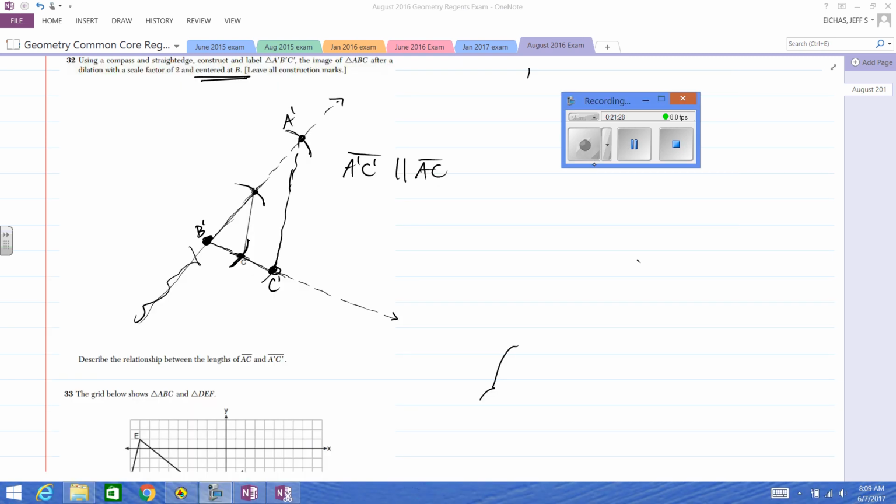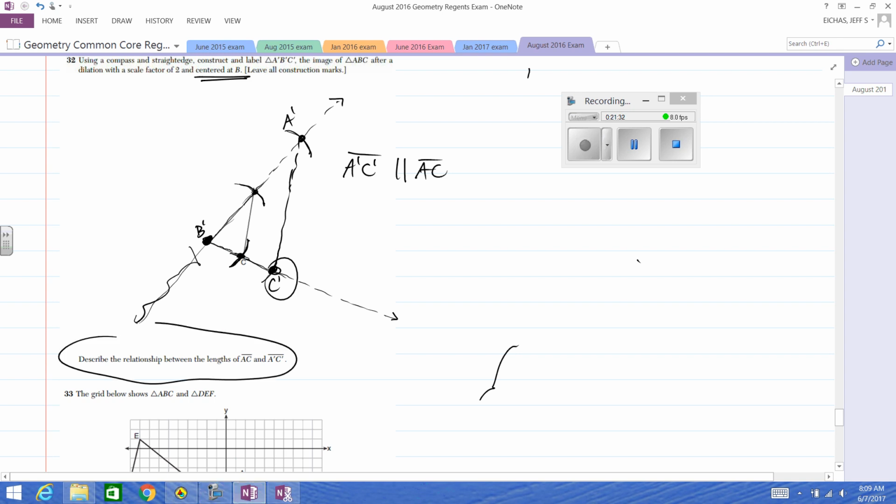All right, coming back over here after we've got this labeled and all the work shown, describe the relationship between the lengths. Be careful of the lengths. Here's something I do. I like to use this equation: pre-image times scale factor equals the image. This is one way to go.